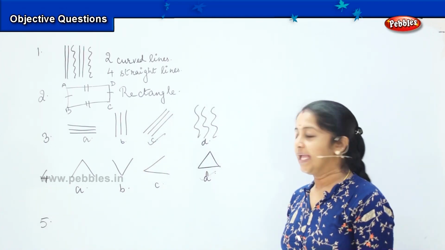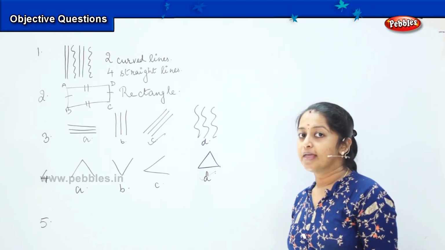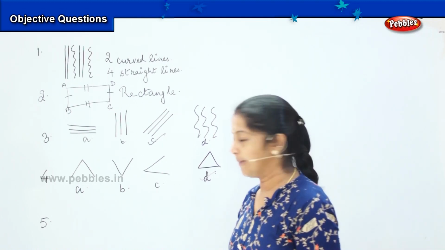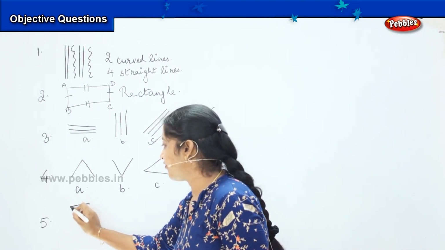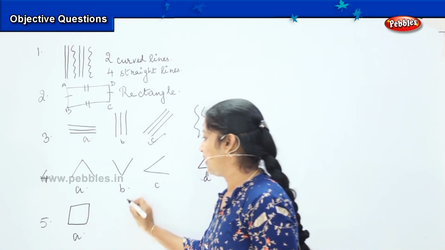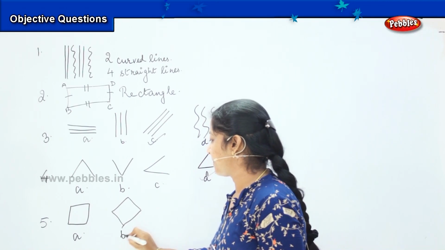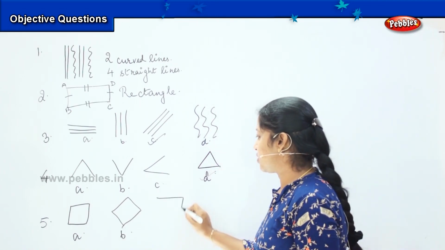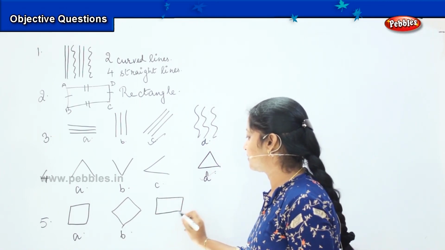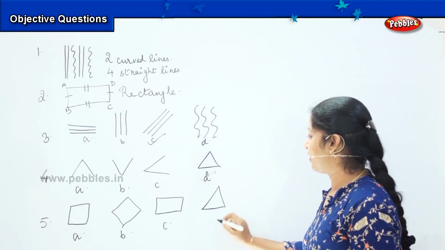Okay. Now in this question you have to identify which is the odd one out. Okay. So here is your figure. The first one, this is your second figure, this is your third figure, and this is your fourth figure.